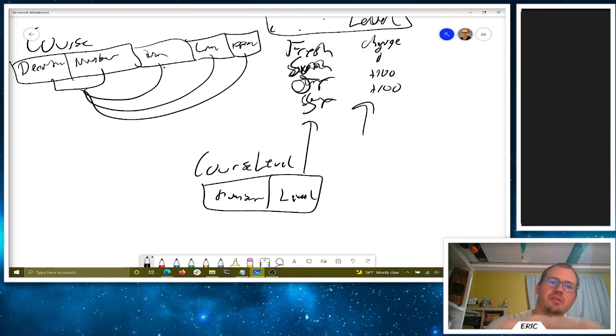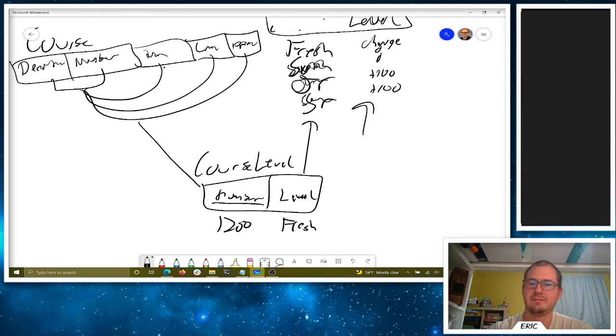And then a given course will relate to one course level, because all we need is that number field in this table. We don't care about the department. So all 1200 courses are the freshman level. It doesn't matter what department you're in. If your course number is 1200, you're in the freshman level.